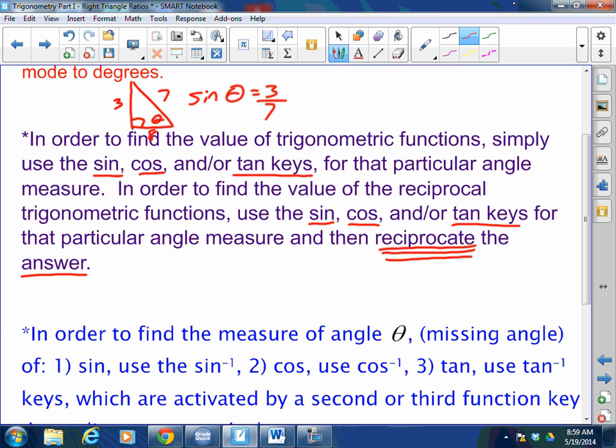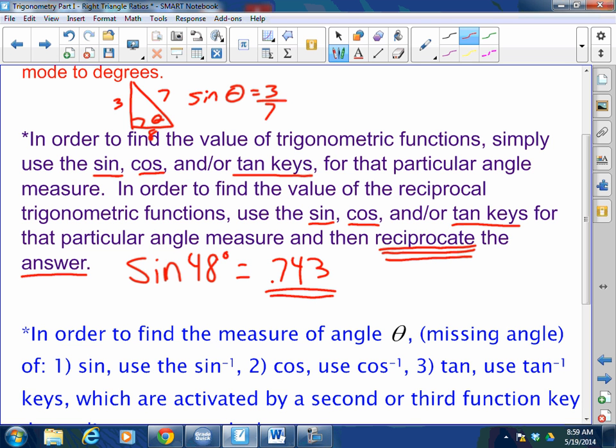So, we're going to use our actual calculator to find crazy values. For example, I want everyone to put in their calculator sine and then put in 48 degrees. What is the value of the sine of 48 degrees? 0.743.